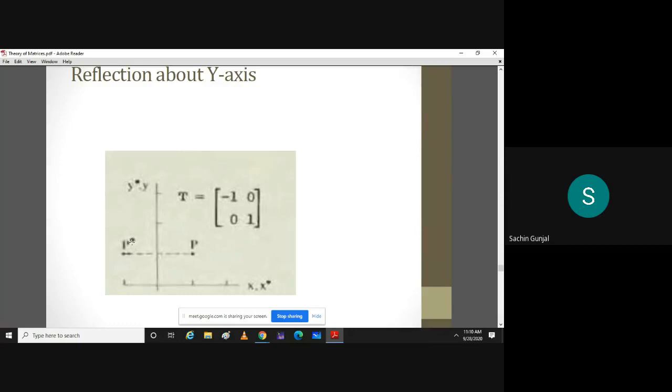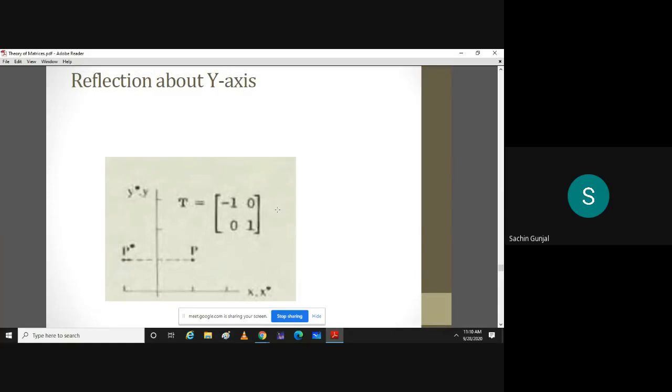And the matrix of reflection is -1, 0, 0, 1. Please note this down. Reflection about the y-axis: if (x, y) is the given vector, its reflection about the y-axis is (-x, y), which is obtained by the matrix -1, 0, 0, 1 times (x, y) equal to (-x, y).